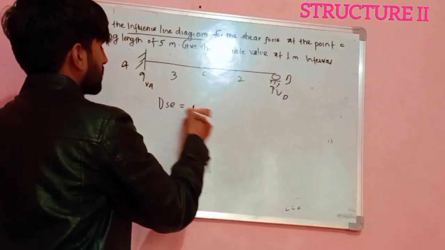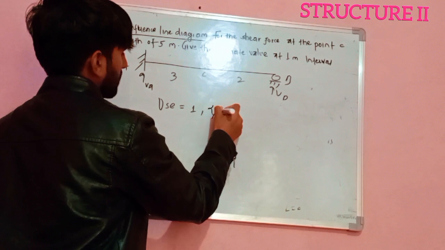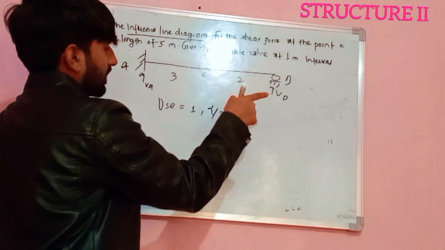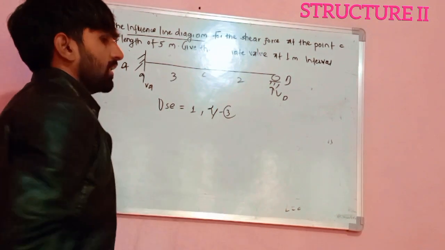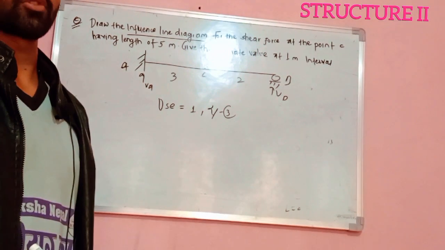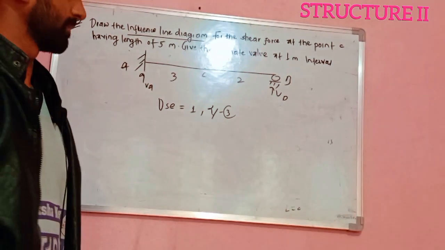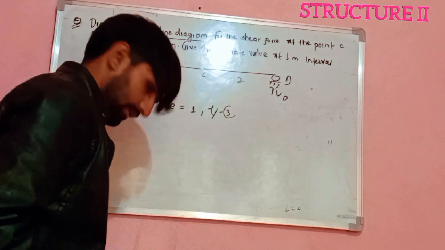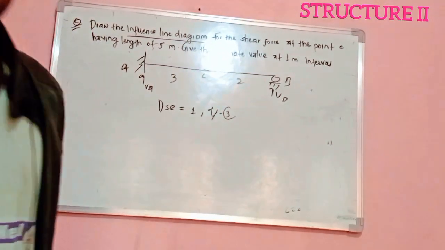In this case also you can easily see this is 4 minus 3: there are 4 reactions, and we have 3 equations of equilibrium. So that is why you can easily solve this.